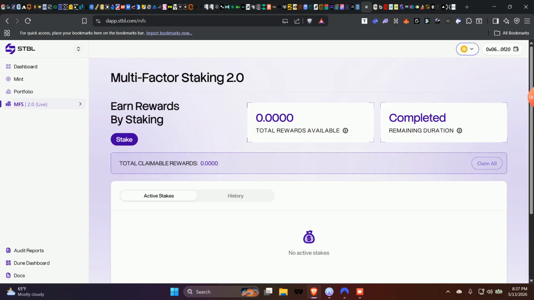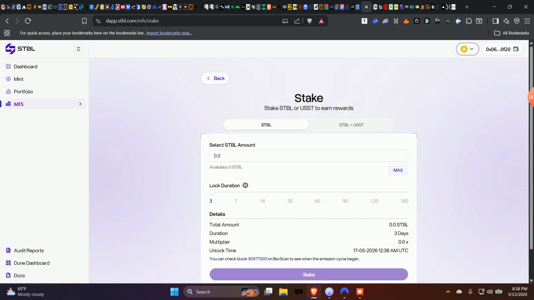Now, this is multi-factor staking, ladies and gentlemen. So what you can do is you can take your USST and you can also take the STBL coin, all right?